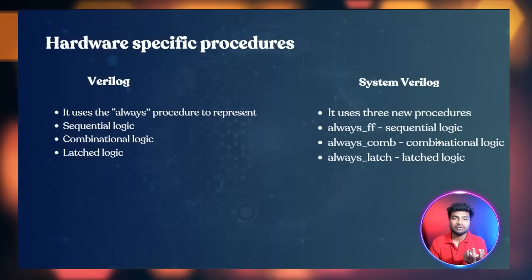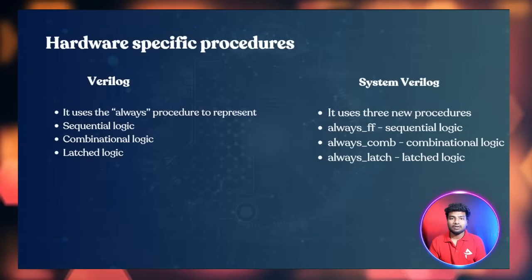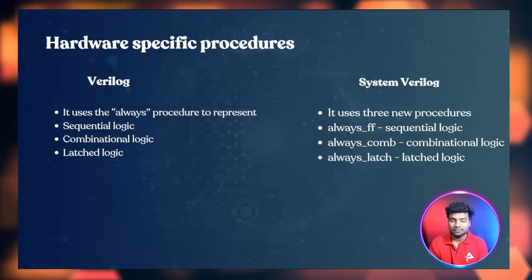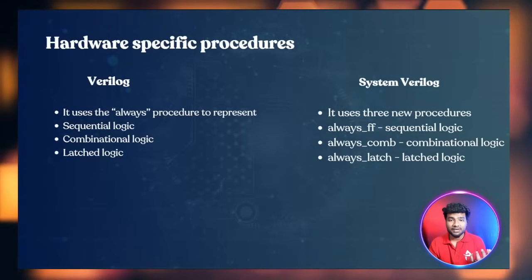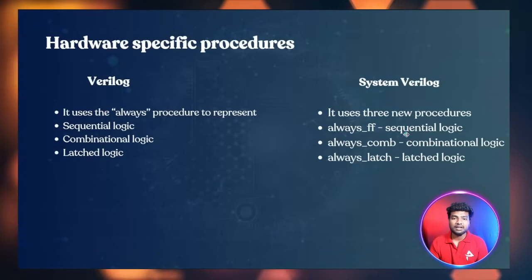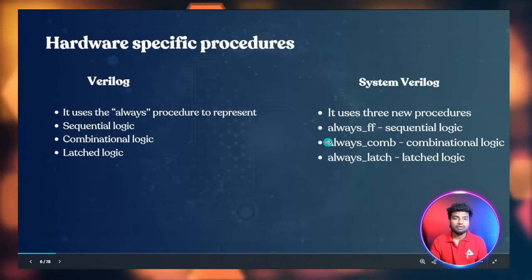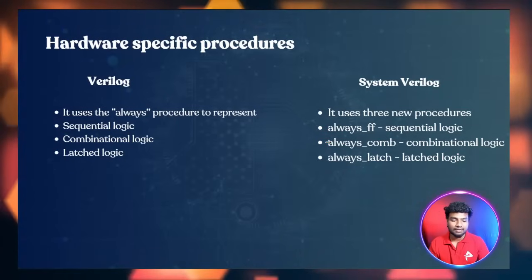If you are dealing with sequential logic you can use always_ff, or else you can use always_latch. If you are dealing with combinational logic you can use the always_comb block. These come under the procedural blocks in SystemVerilog. So this is one advantage of SystemVerilog over Verilog.